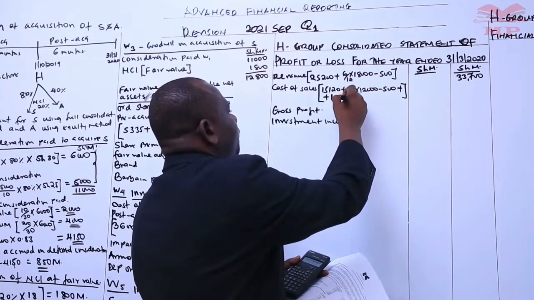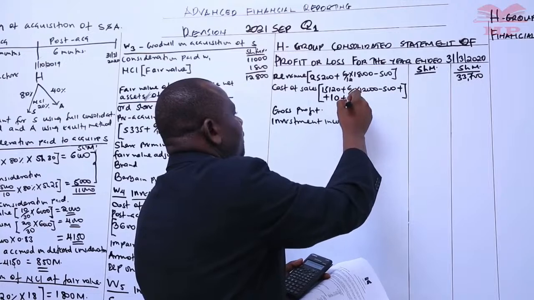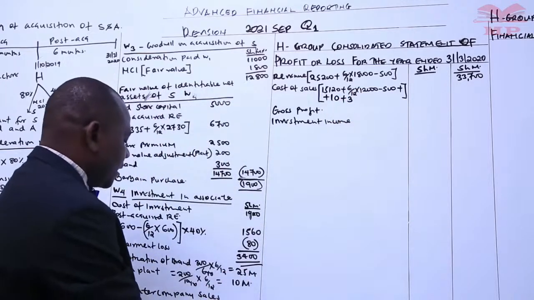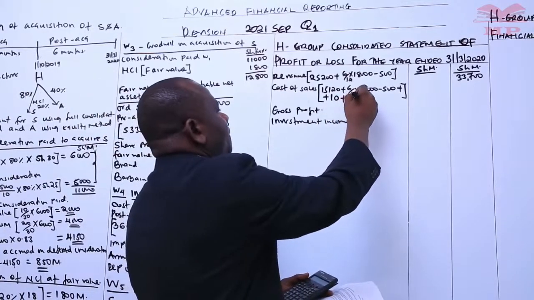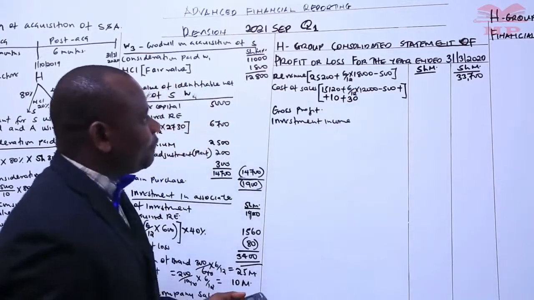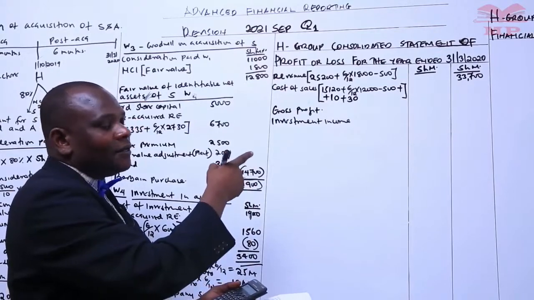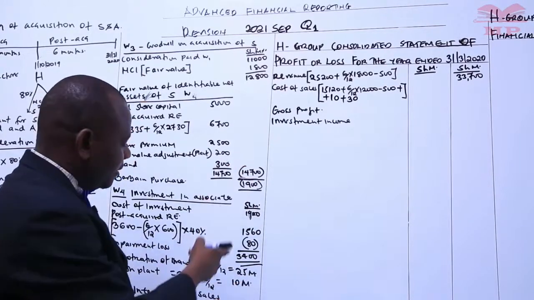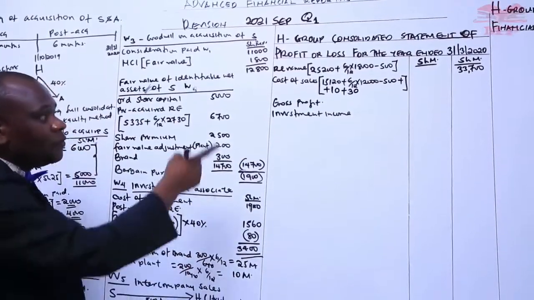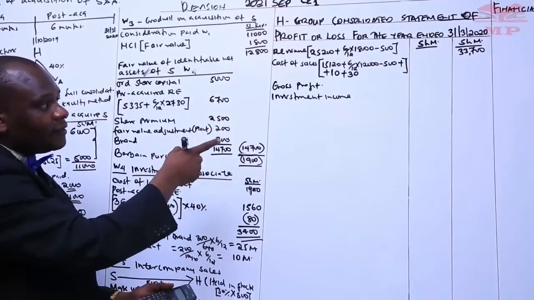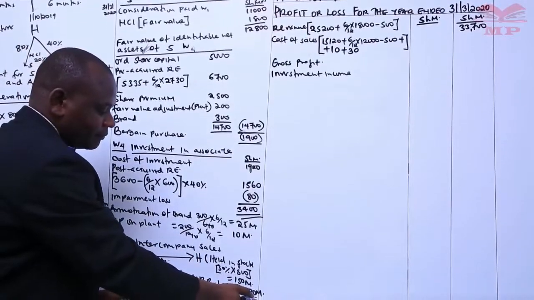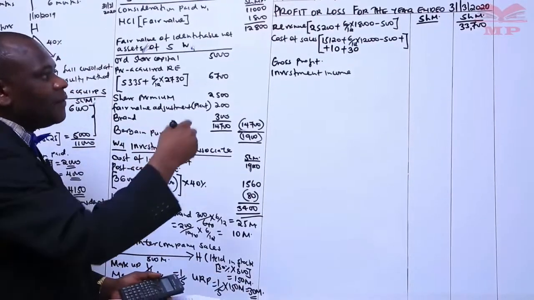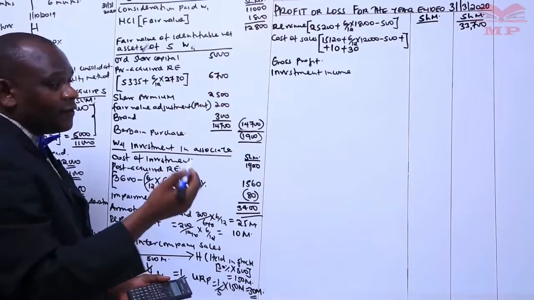We don't forget the URP, which arises from intercompany sales. And why do we add unrealized profit, by the way? We add it because the stock that we used to get our cost of sales was overstated as a result of including it at invoice price.